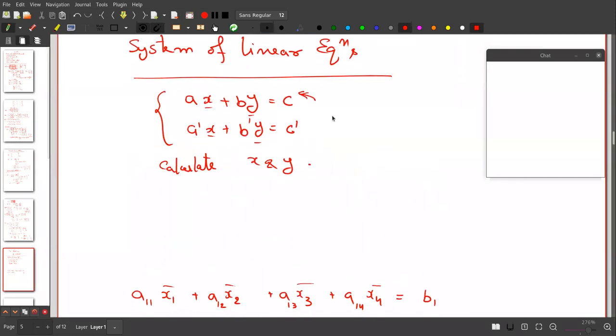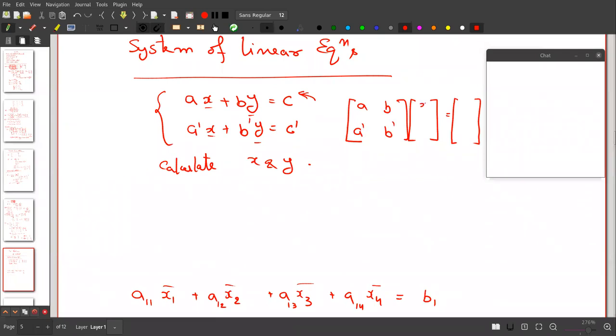So let's write this first equation in matrix form. Here is the coefficient matrix, here is the unknown vector, and here is the right hand side. So we write a, b, a prime, b prime, x, y, c, and c prime. So you see, I have converted the system of linear equations into a matrix form.